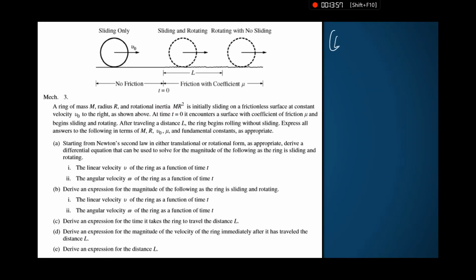We're on to C. I want to derive an expression for the time it takes the ring to travel distance L. The time it takes the ring to travel the distance L. What do I have to do?